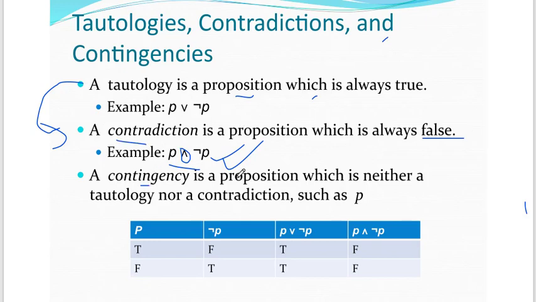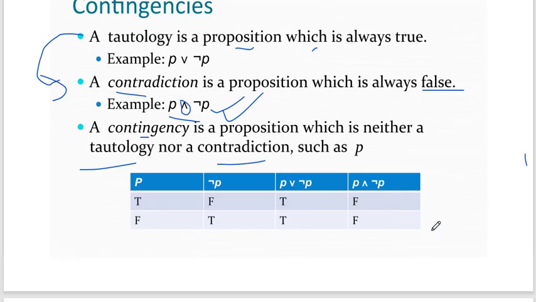And a contingency is a proposition which is neither a tautology nor a contradiction. Such as P: sometimes it will be false, sometimes it will be true. Simply P, you can write anything in P, like P is 2 plus 2 is equal to 4, so then it will be true.